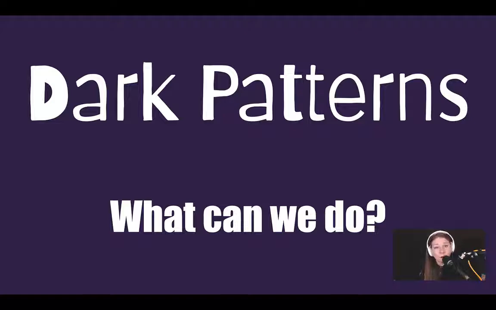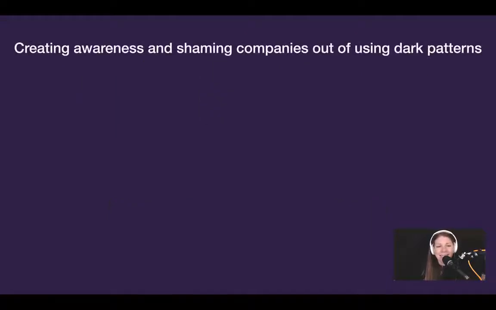If you Google dark patterns, you're going to find a lot of rants online about different UI and UX issues and things that may or may not be qualified as a dark pattern. That's not why I'm here today. Today, I'm here to create awareness of what true dark patterns actually are, and that some companies are actually using them maliciously. And so my goal is to create awareness, and hopefully together we can shame companies out of using these dark patterns to manipulate users.